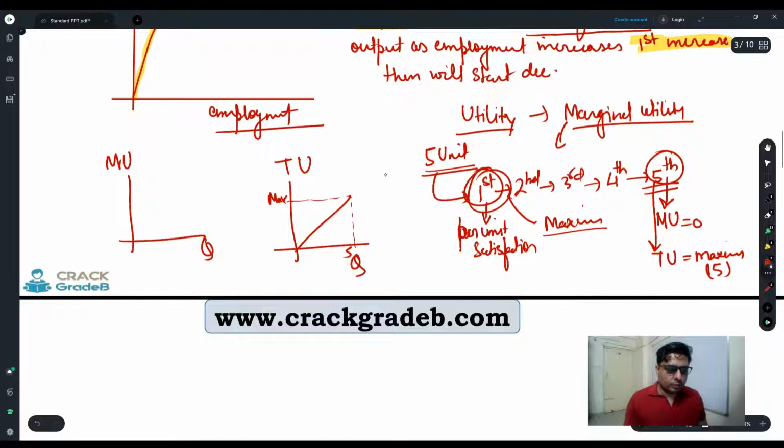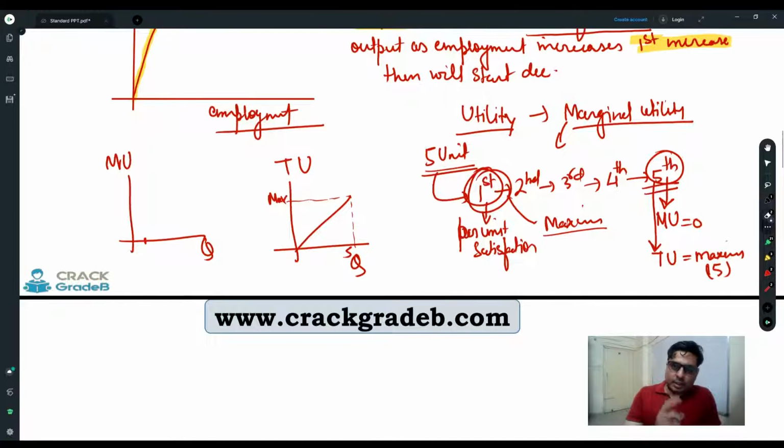So when I have consumed the first unit and then started consuming further units, every time my total satisfaction is increasing, but per unit satisfaction is decreasing. Why? Because when I ate the first one, I still believed that I could eat four more.